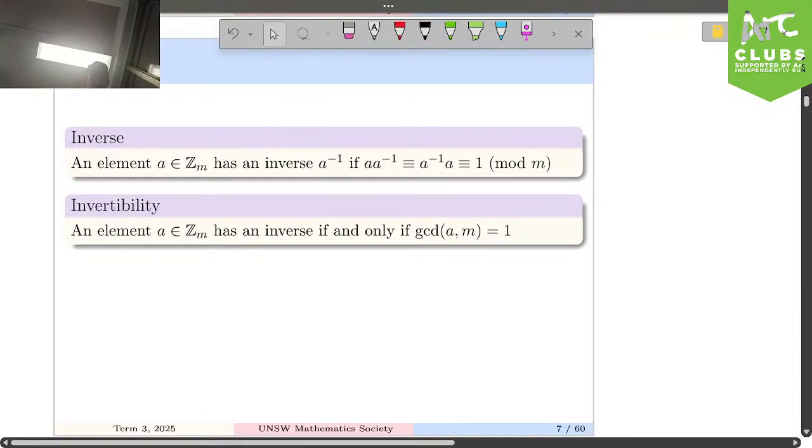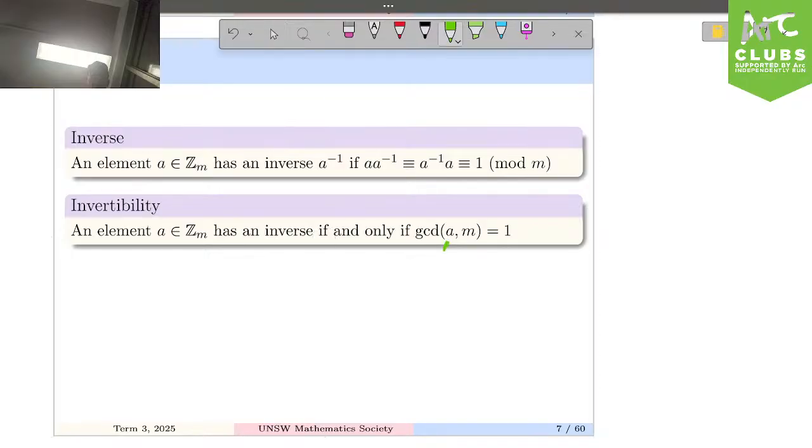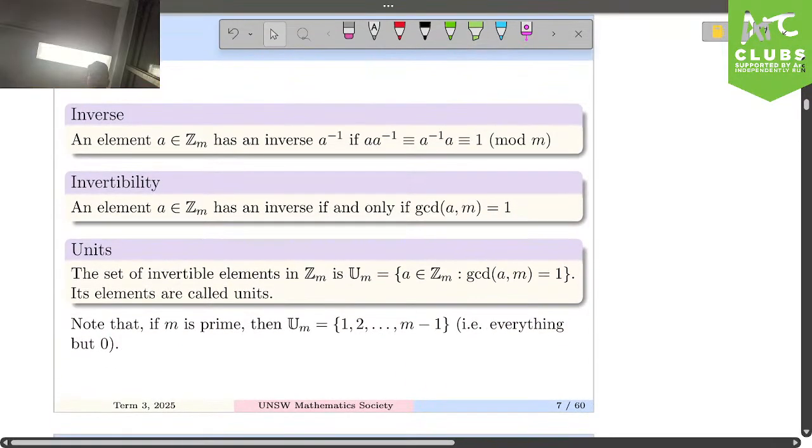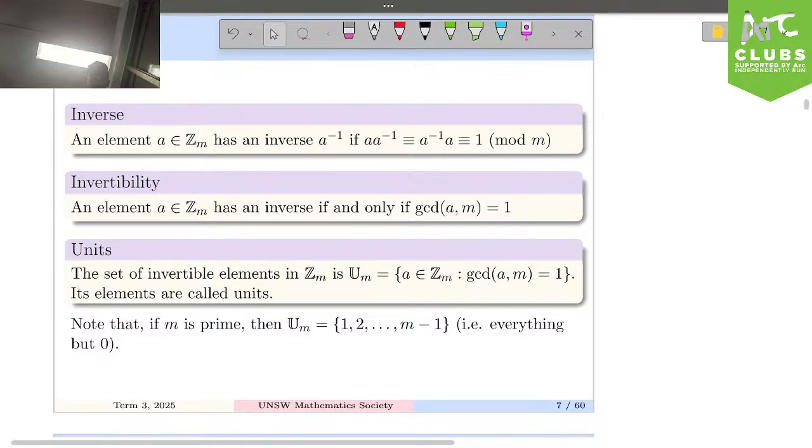All right, next thing, invertibility. This is a condition for when an element has an inverse. An element has an inverse in Zm if that element is co-prime to m. This is why we introduced GCD. The set of invertible elements in Zm is called the units.